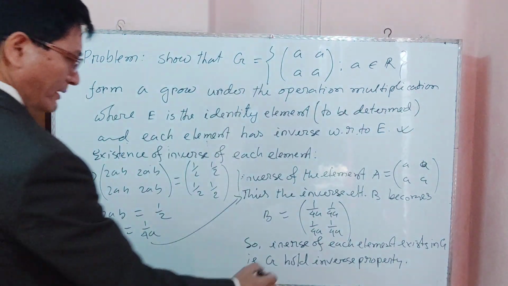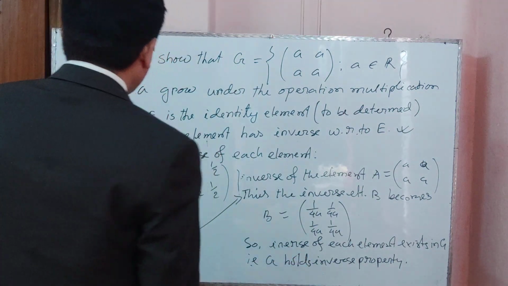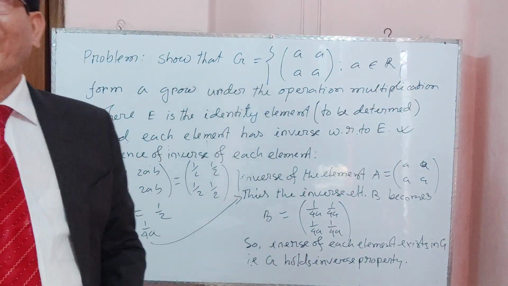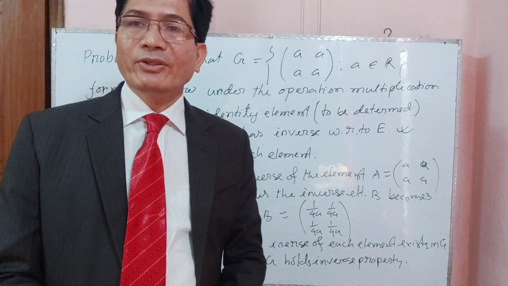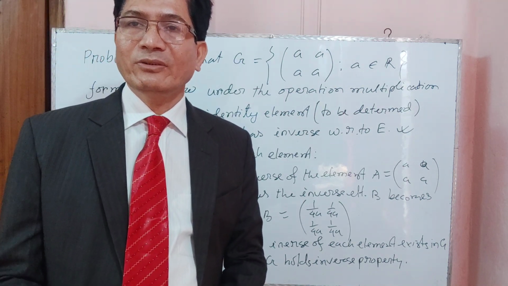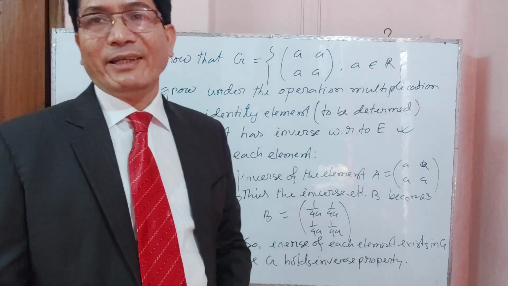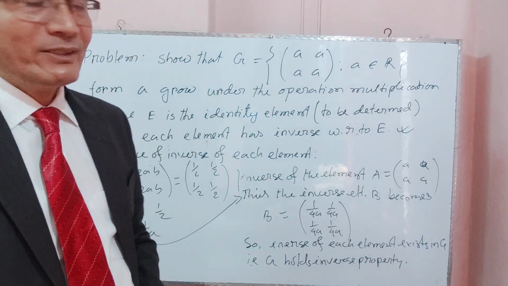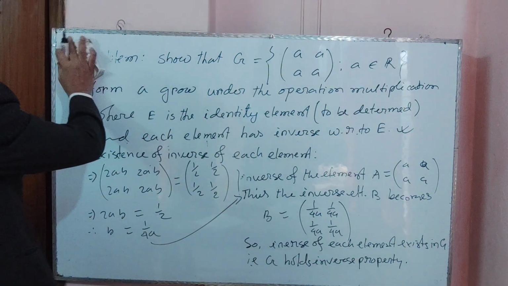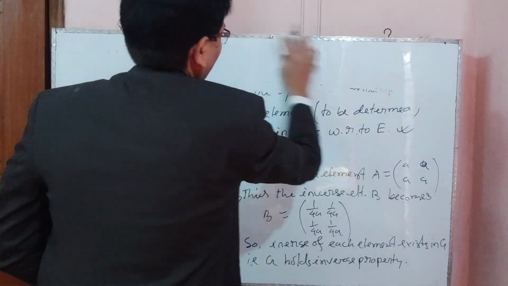So gradually we have already proved the 4 conditions for the set G to be a group. So we can now declare that G is a group. So just conclude the problem.